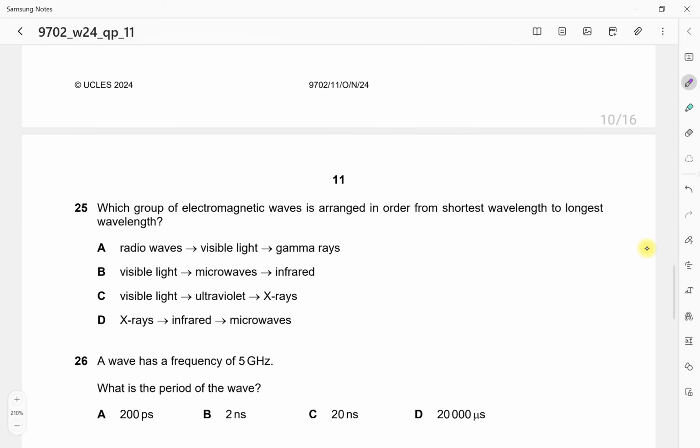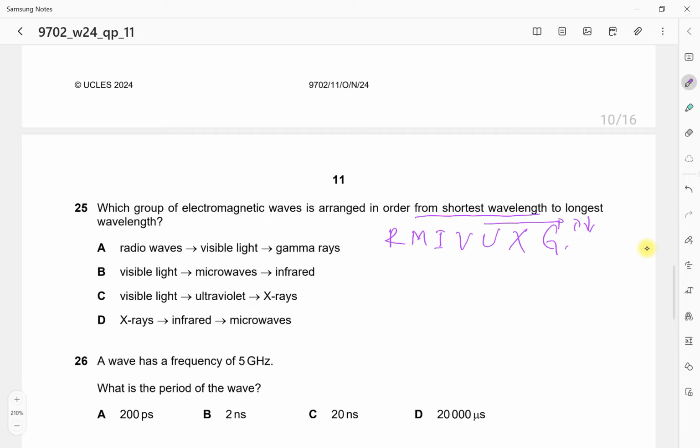Which group of electromagnetic waves is arranged in order from the shortest wavelength to the longest? So remember the general mnemonic: Reed's mother is visiting Uncle Xavier's garden. So this is order of decreasing wavelength.